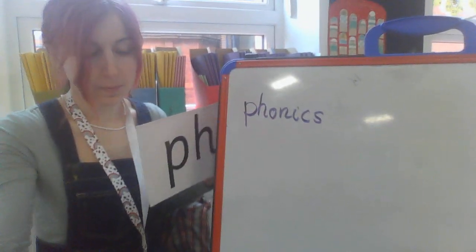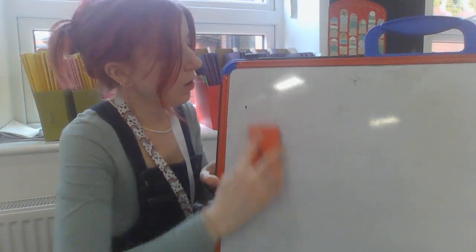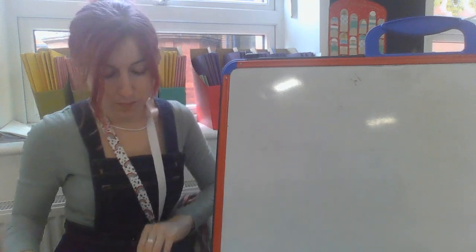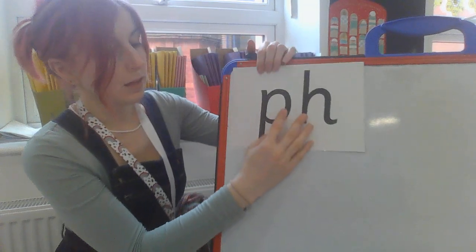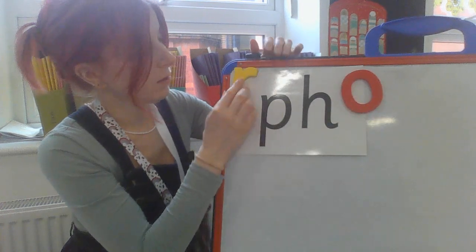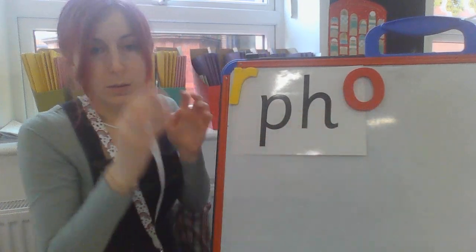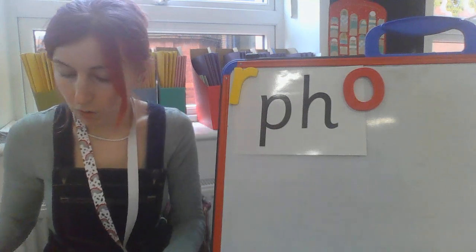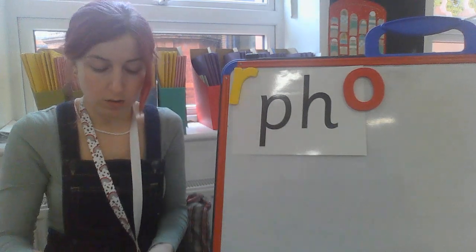Okay, so a lot of these words are quite long, so you might need to think really carefully about what these words look like. Okay. Right, so the first word I want you to try and write, the first PH word I want you to try and write is phonics.